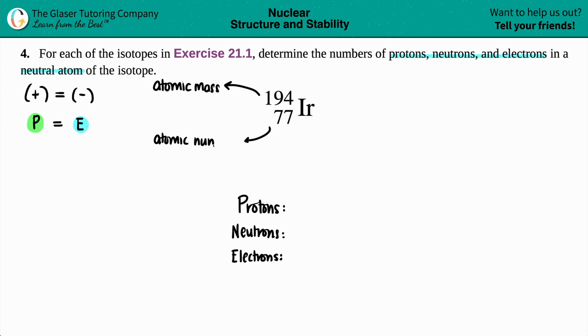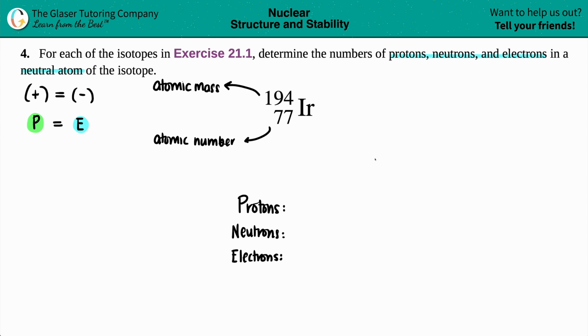Now, one of these is a unique value to its element, and that is the atomic number. 77 will always be iridium's atomic number. 77 will never be anybody else's atomic number. So like atomic number of 1 is always hydrogen. Atomic number of 2 is always helium.